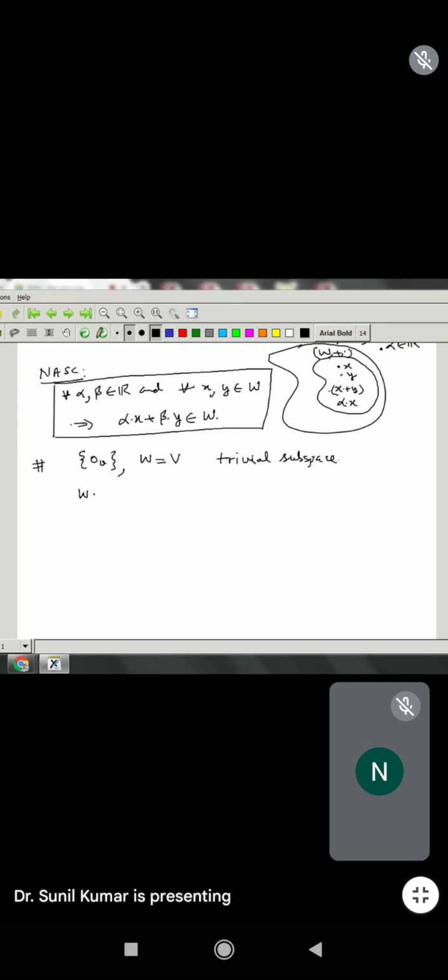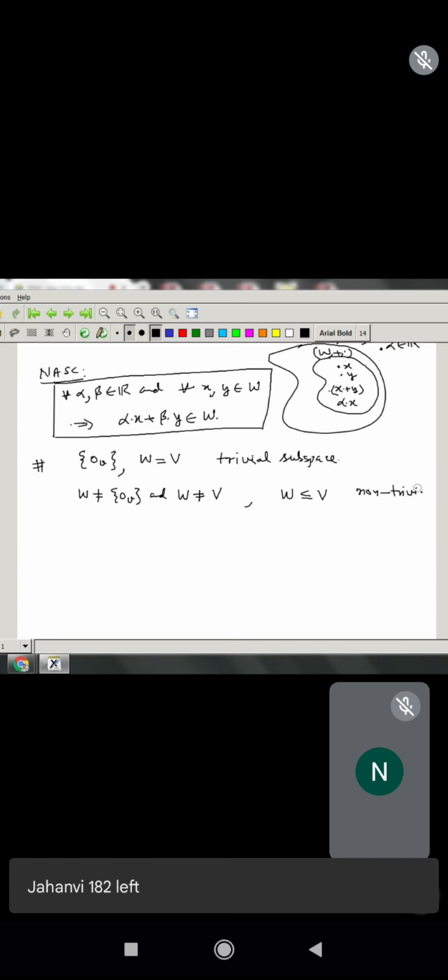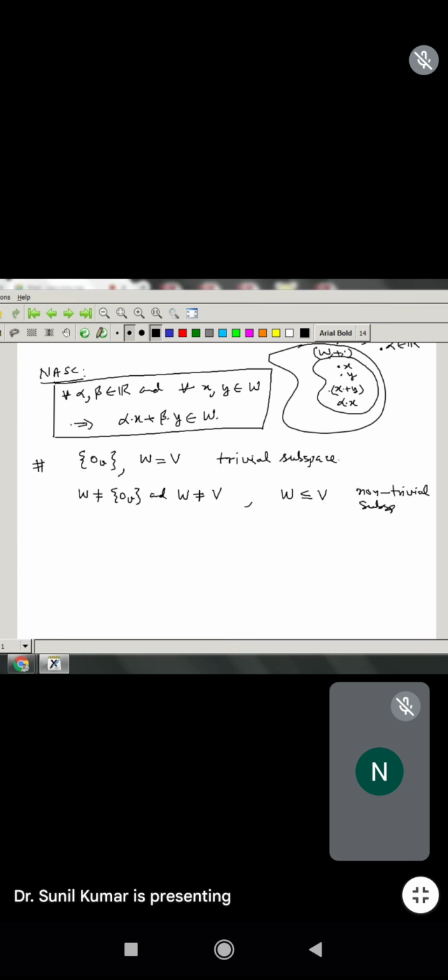But if W is not equal to 0_V and W is not equal to V, and even then W is a subspace of V, it is neither 0_V nor the whole vector space, but still W is a subspace, then it is called a non-trivial subspace, or proper subspace. The trivial ones we can also call improper subspaces.